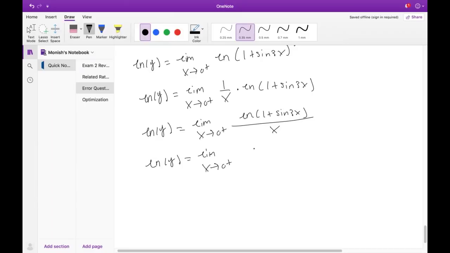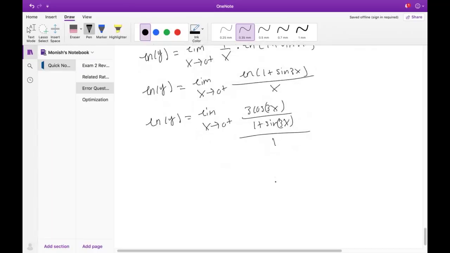We'll get du over u, which is 3 cosine 3x over 1 plus sine 3x, and then the derivative of x is just 1. So now, if I plug in, I'll simplify this.